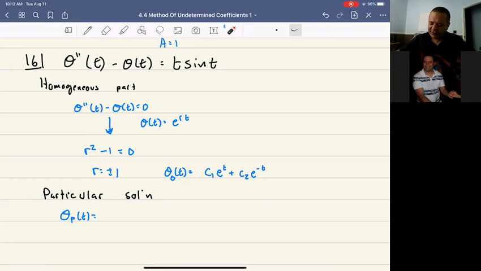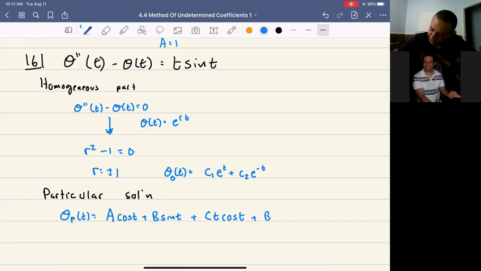So our particular solution is going to be A cosine t plus B sine t plus C t cosine t plus D t sine of t.